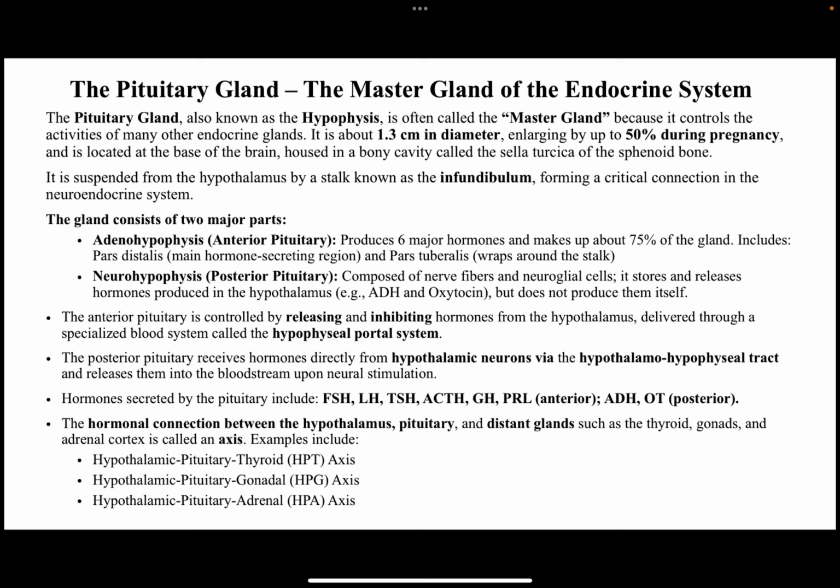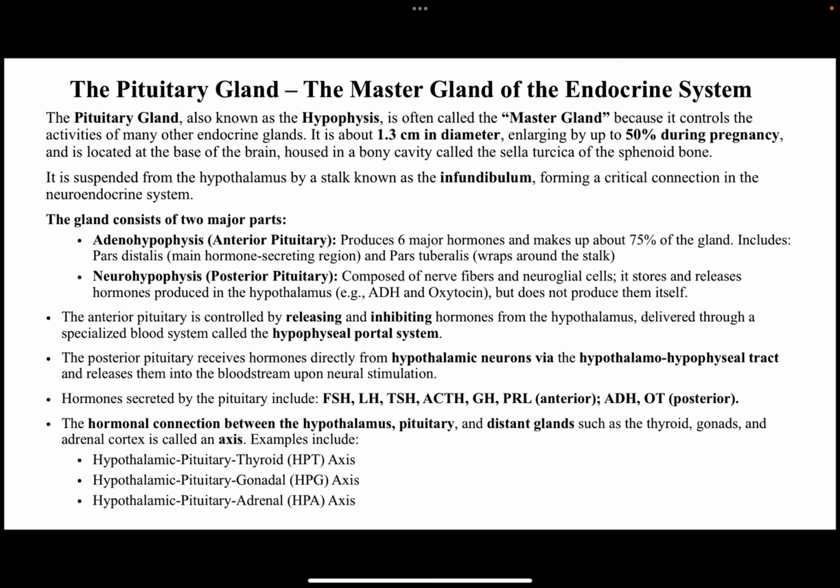The width of the pituitary gland is about 10 to 15 mm, and the anterior-posterior diameter is about 6 to 8 mm. So basically, those are some anatomical details of the pituitary gland in terms of its size.